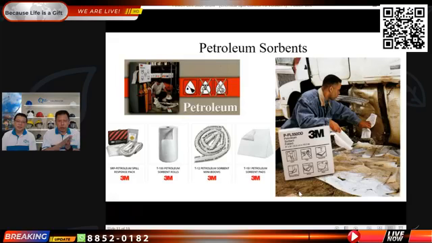It doesn't absorb water, but only absorbs oil, which I mentioned earlier, hydrocarbons. So if there is a minor spill at sea and people put absorbents on top of the sea, it doesn't sink because it doesn't absorb water. It only absorbs oil. So remember, this is petroleum solvents. They call it hydrophobic. That means it repels water.